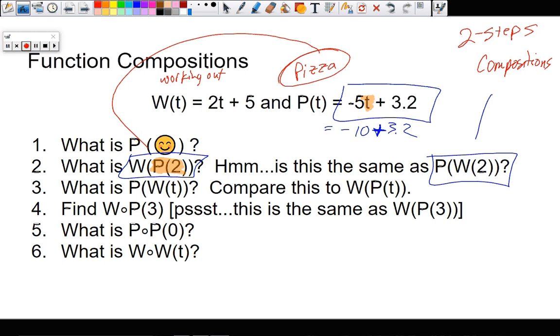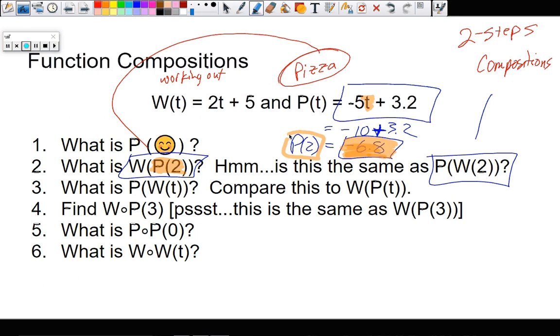So this right here is going to be a -6.8 as an answer to this P of 2. Okay? And as it was asked before, do we write P of 2? Yeah, you could write P of 2 because P of 2 is -6.8.